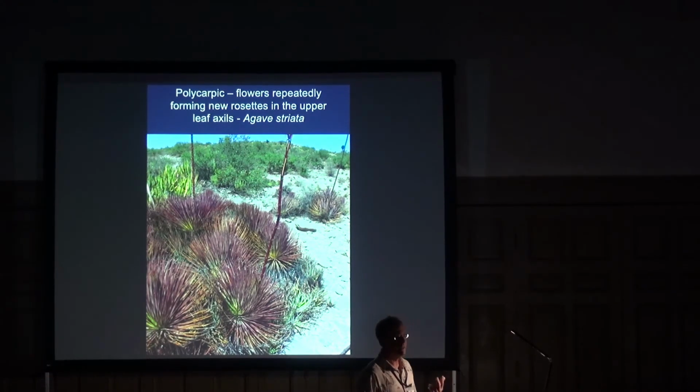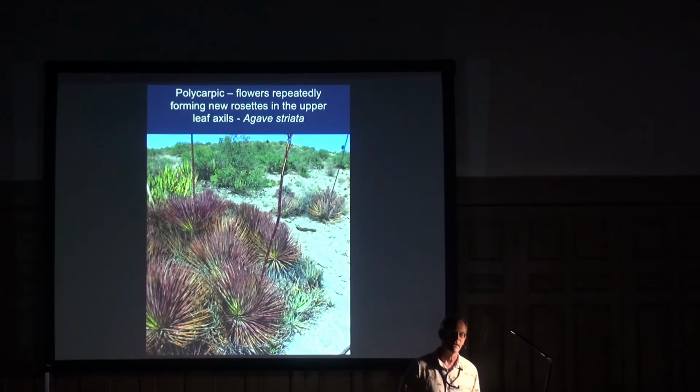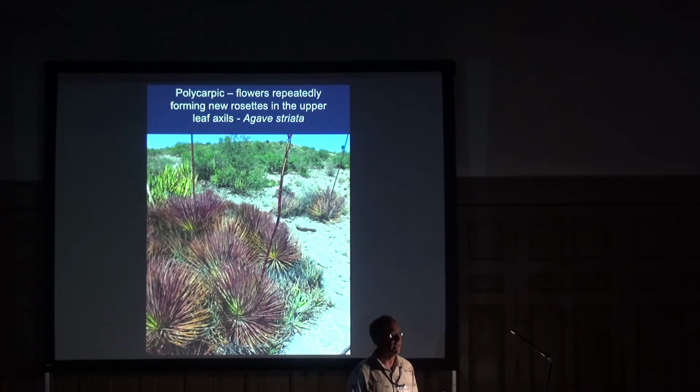So there are two main groups or sections that do that. The Striatae does that, plants in the Striatae, all except Agave dasylirioides, and then plants in the Polycephalae will do that as well. Polycephalae is aptly named because poly is many and cephaly is head, so it produces many heads.